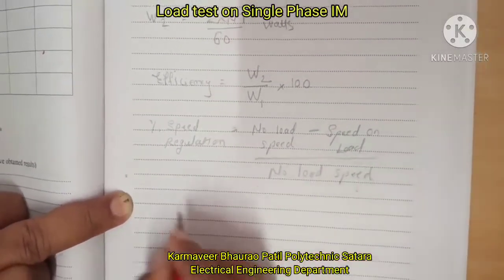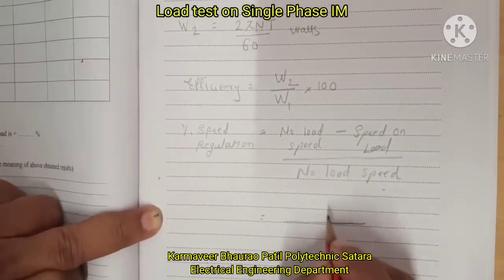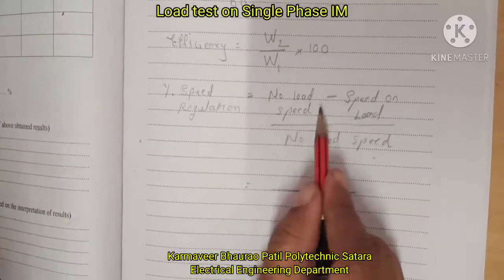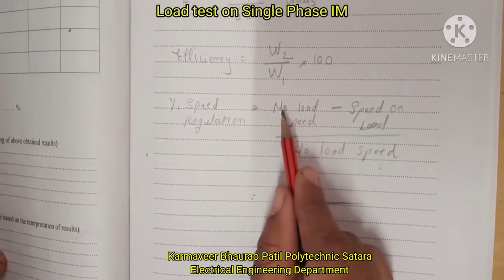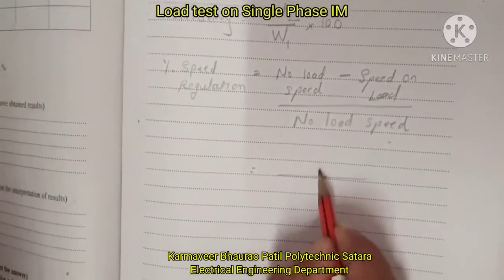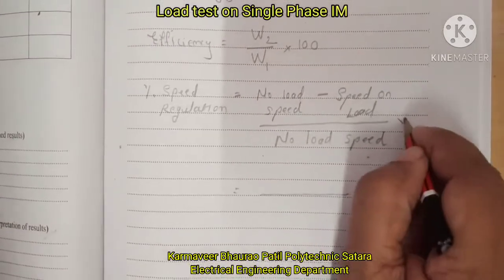So we have taken the first reading, that will give you the value of no load speed, and for the second reading, third reading and fourth reading you will be having a differential speed because speed has been dropped from no load to the load value.